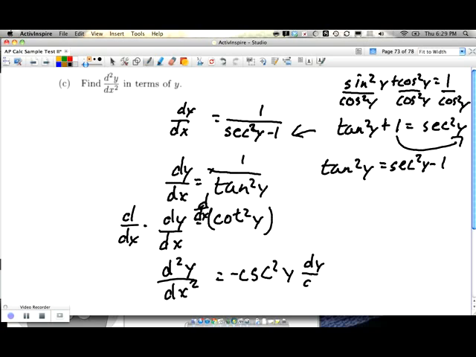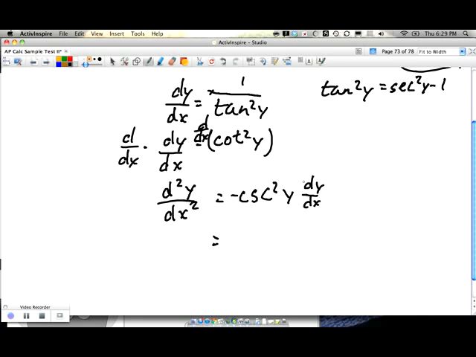So it means we have negative cosecant squared y, and the original function was cotangent squared y. There we go. Let's see if there's a part D.